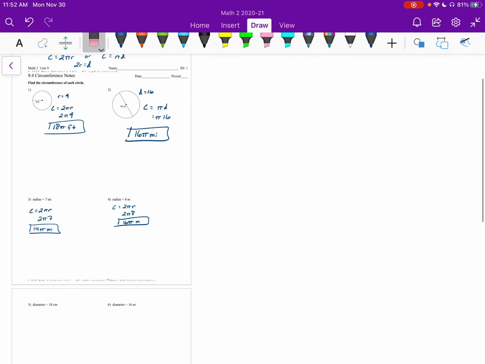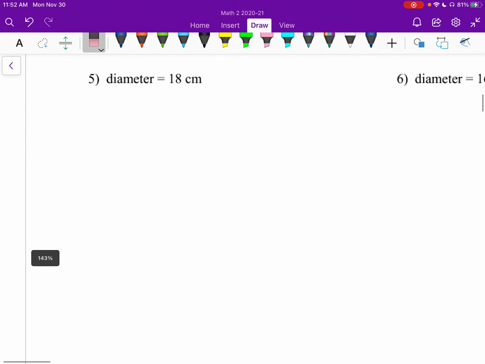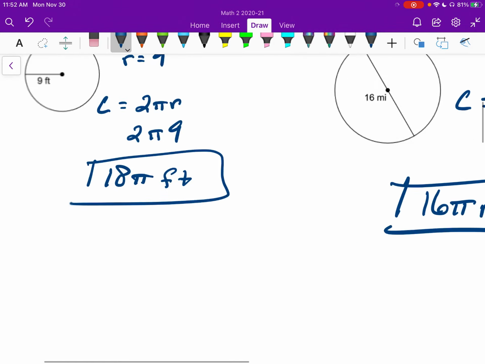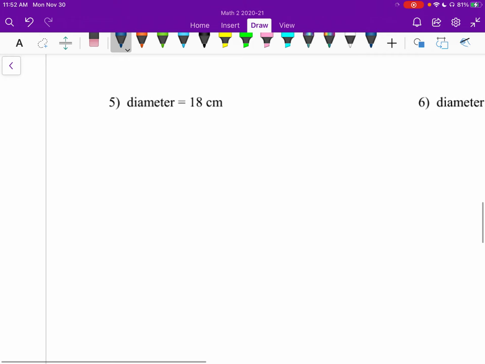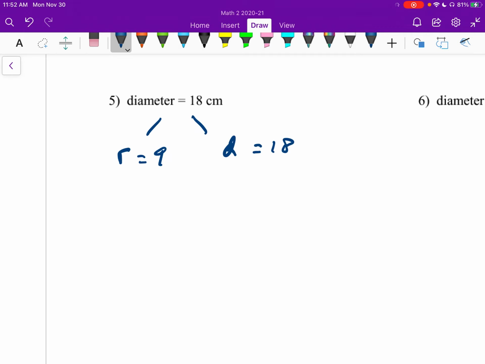All right, next page, number 5. Diameter is 18. So just like I said in the last one, we could go the radius route or the diameter route. The radius is 9. So we'd say circumference is 2 pi r, 2 pi 9, 18 pi. Or you could go the diameter route.